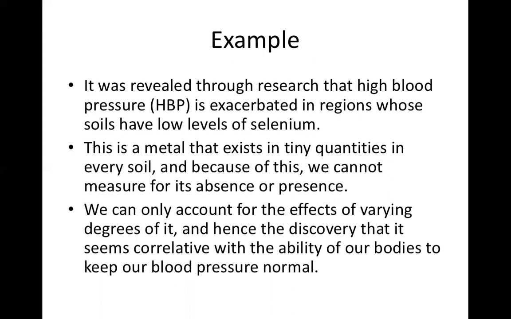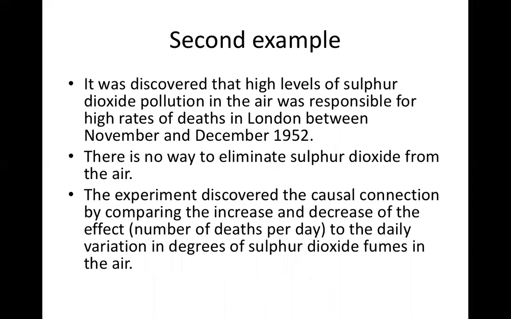You'll be measuring to see the degree of selenium in the soil so that you know which degree is causing high blood pressure and which one would bring down the blood pressure to a normal level. So that means you'll be using concomitant variation as your method of identifying the cause of high blood pressure.